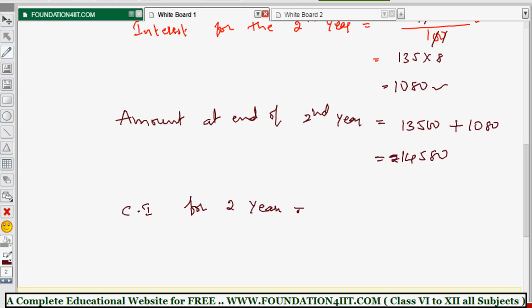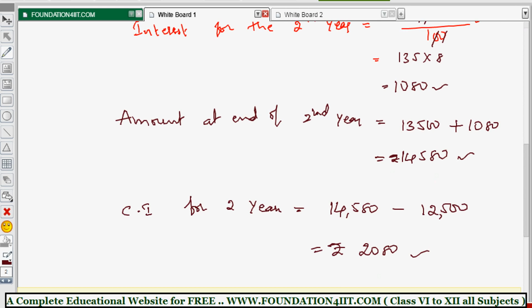The final amount is 14,580 minus the original principal, which is 12,500 in the question. This is subtraction. 14,580 minus 12,500 is 2080. Therefore the amount is 14,580 and the compound interest is 2080, right?